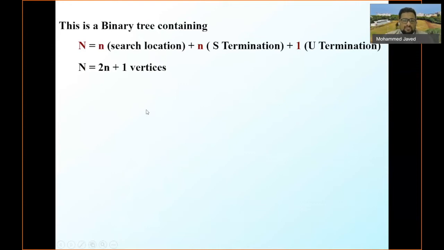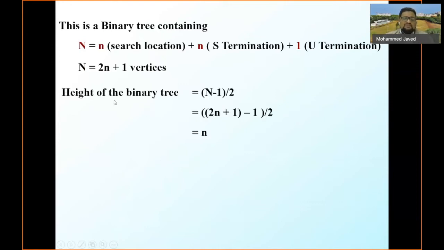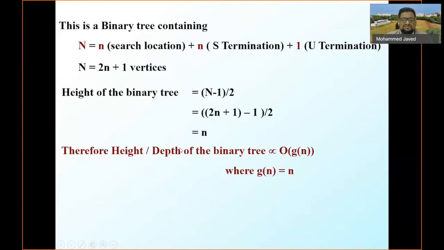So now what is the height of the binary tree? The height of the binary tree is given with the formula (N minus 1) divided by 2. If you substitute N equal to 2n plus 1 in this formula, then you will get the height of the binary tree as n. We have already got this complexity analysis in the previous slide.